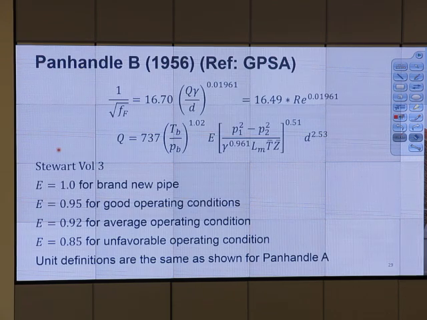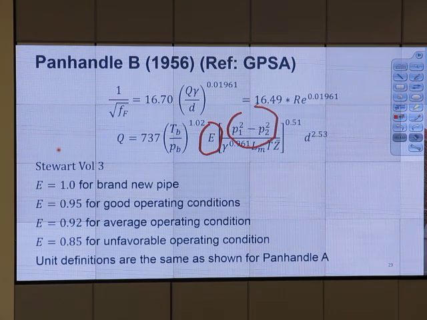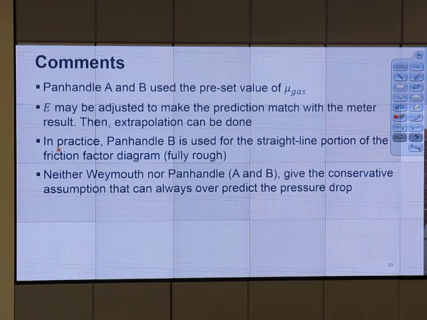So with the data that we have, you may find that E equals 0.93. That makes the prediction of pressure drop match the pressure drop that we get for a given flow rate. So then for another design, we can use that too. If we purchase the pipe from the same vendor, and we had experience with that vendor, E is about 0.97. So when we build it again, we use 0.97. So E can be adjusted.